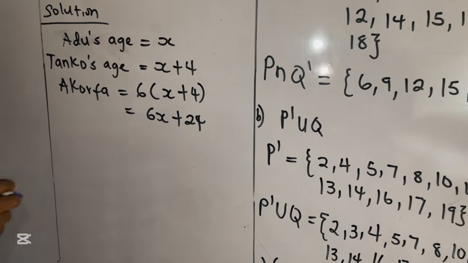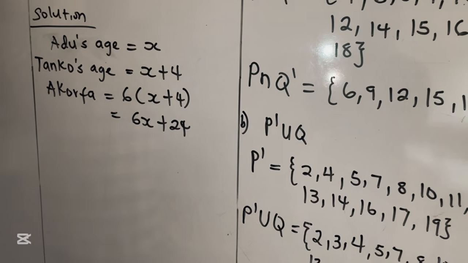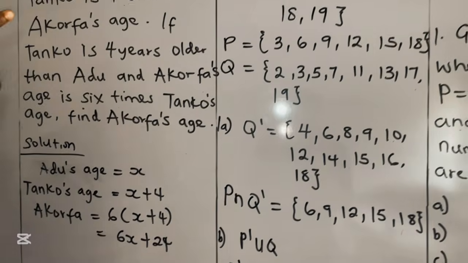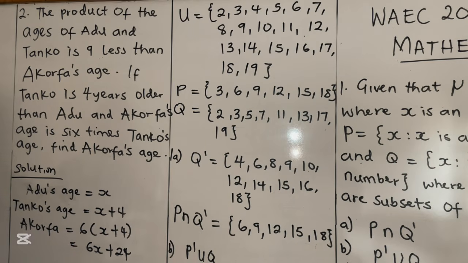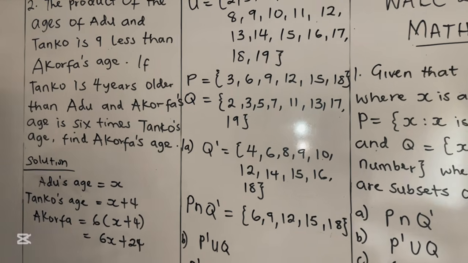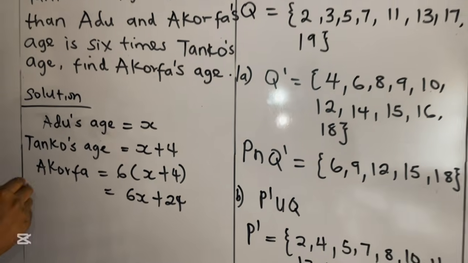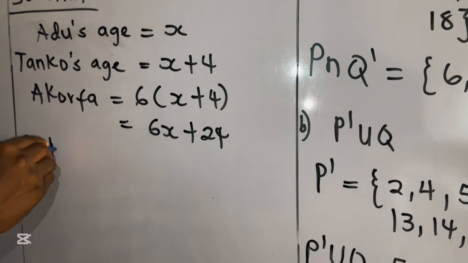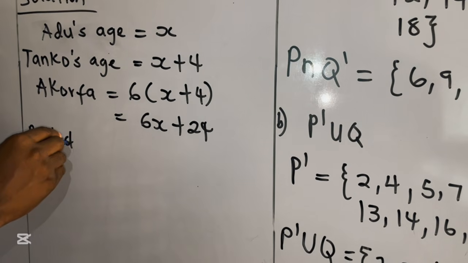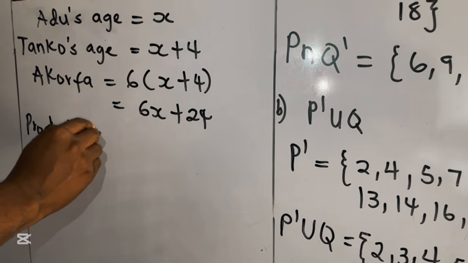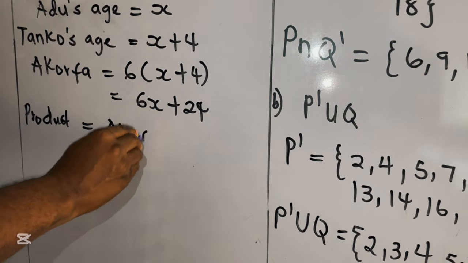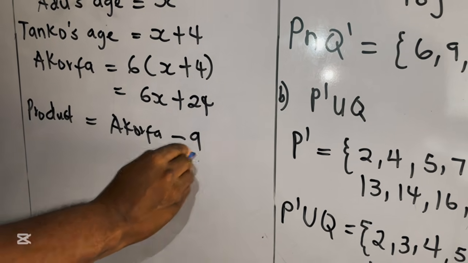Now, the product. For the question we have that the product of the ages of Adu and Tanko is 9 less than Okafor's age. 9 less than. So when they say 9 less, it is minus 9.